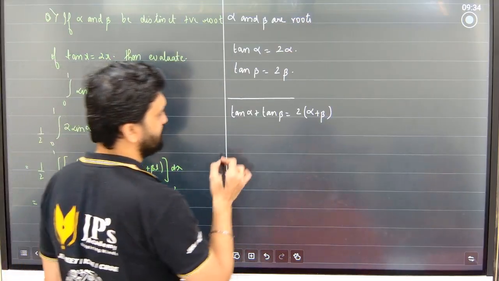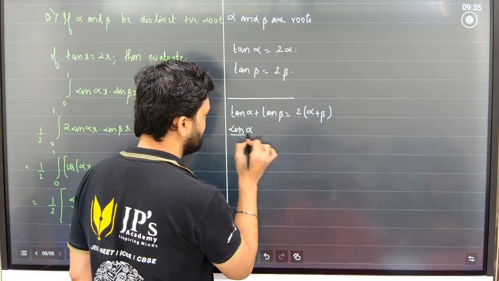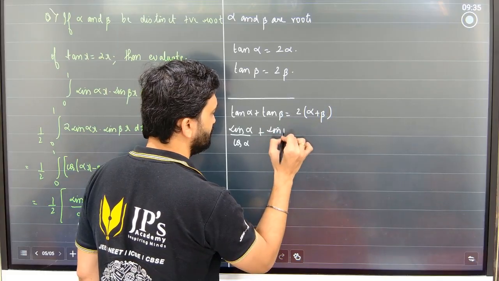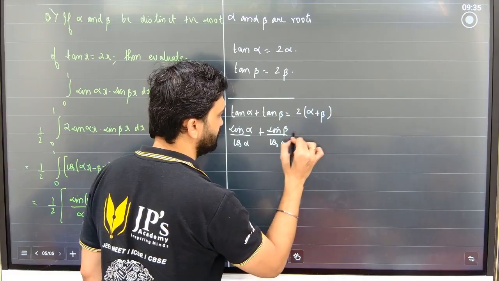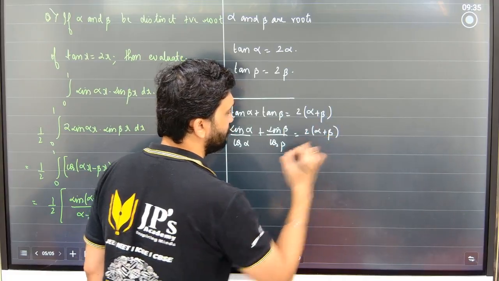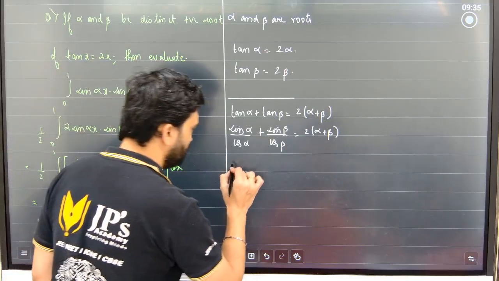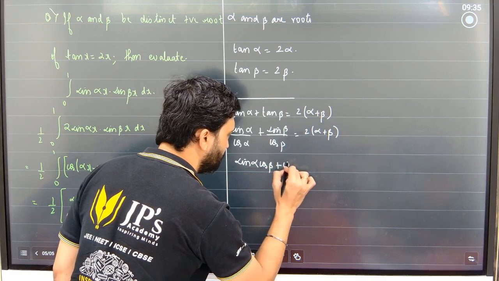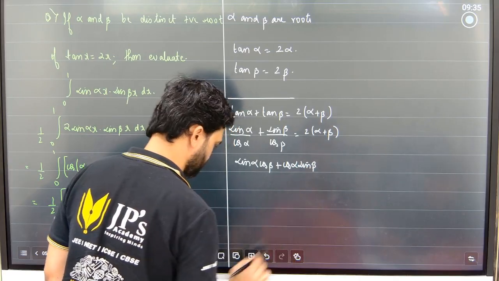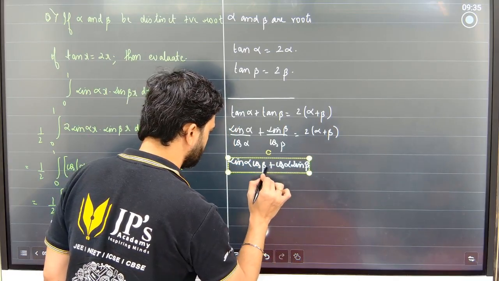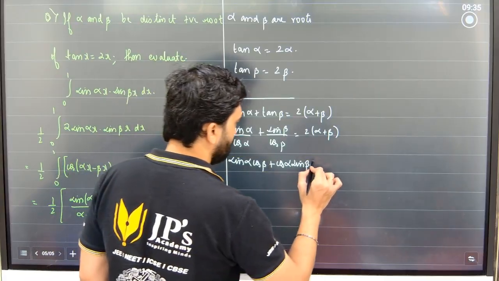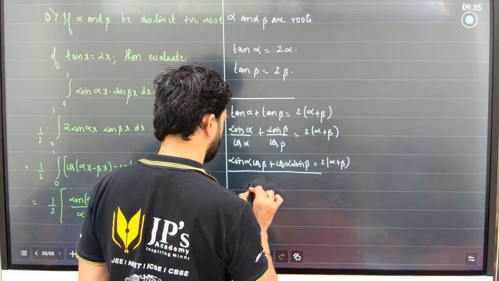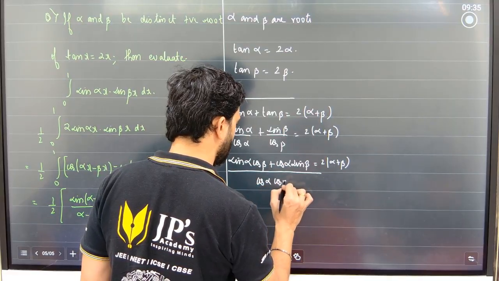If I write tan alpha plus tan beta, it will become sin alpha upon cos alpha plus sin beta upon cos beta is equal to twice alpha plus beta, and this will become sin alpha cos beta plus cos alpha sin beta upon cos alpha cos beta.